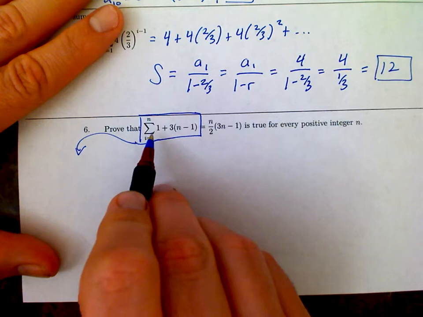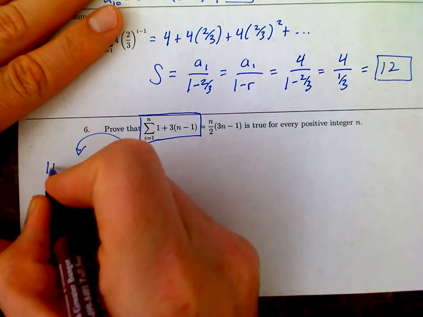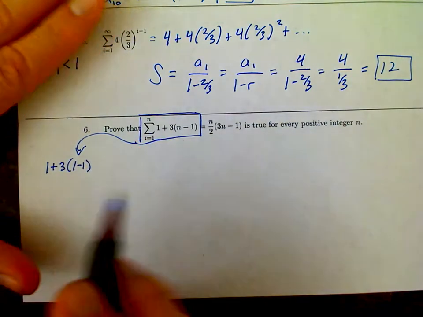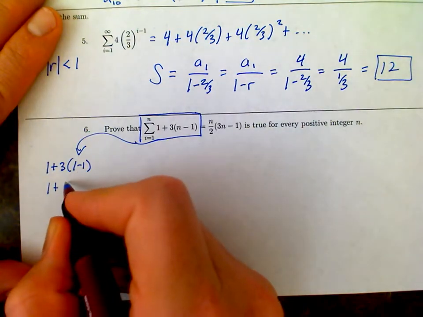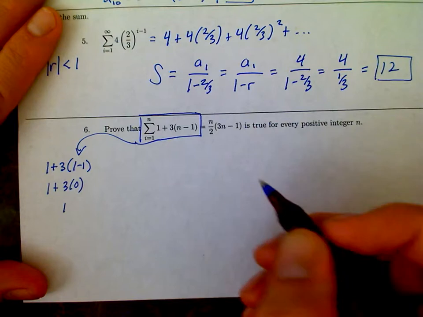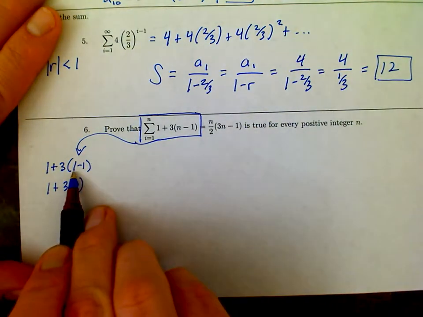completed. So the first term is 1 plus 3 times 1 minus 1. So that's going to be 1 plus 3 times 0, or 1. Now when n equals 2, that was when n equals 1.